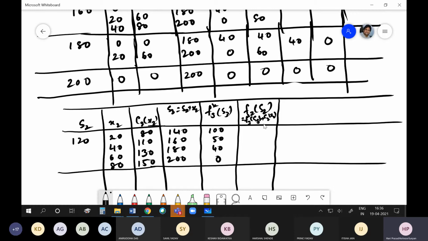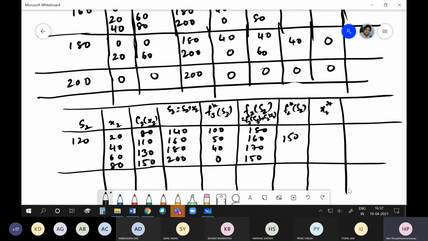Okay, so that is 180, 160, 170, 150. So I will have F2 star of S2, which is the minimum, 150. And what about X2 star? X2 star is 80. Okay, this is the minimum.